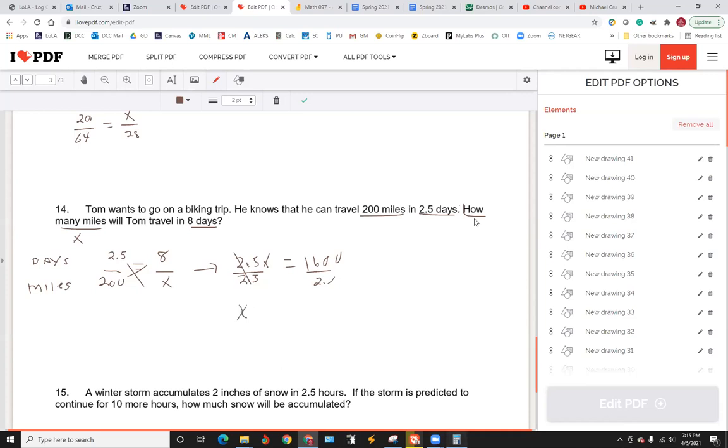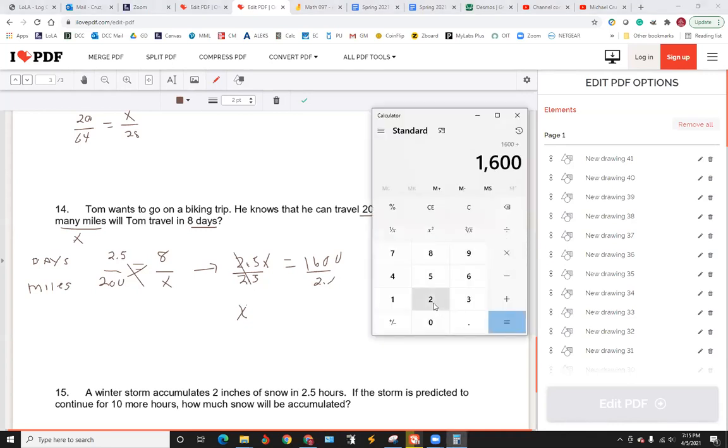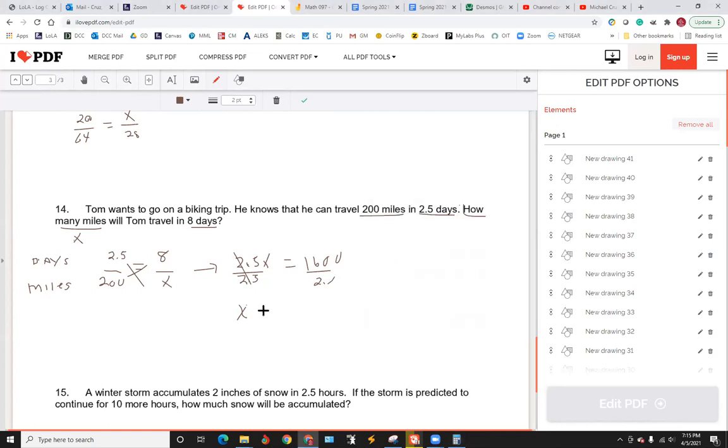I think this comes out even. Yep. So that means in 8 days, it goes 640 miles. Boy, that's a long way, even for 2.5 days. I guess that's not too bad.